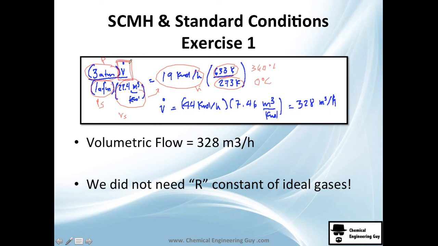So we send this multiplying and this dividing. We get the flow, which is 328 cubic meters per hour. Nice, we have the answer. And the good thing here is we did not use R, the constant. So that's the advantage of using standard cubic meters per hour, or standard conditions, which are PS, TS, and VS.